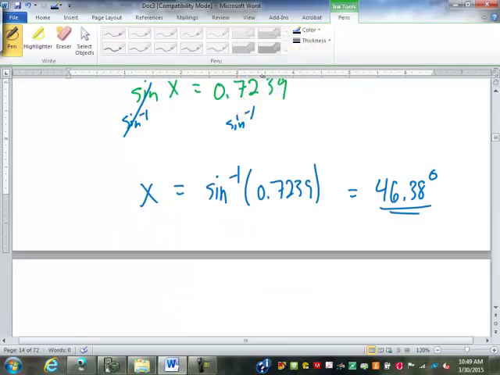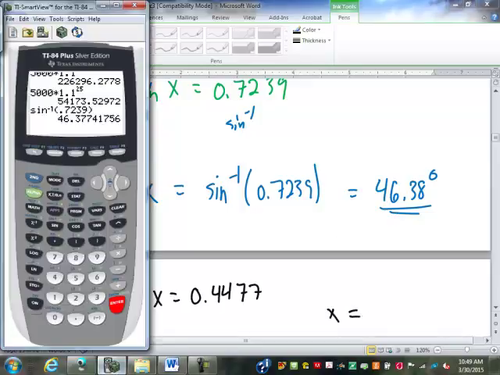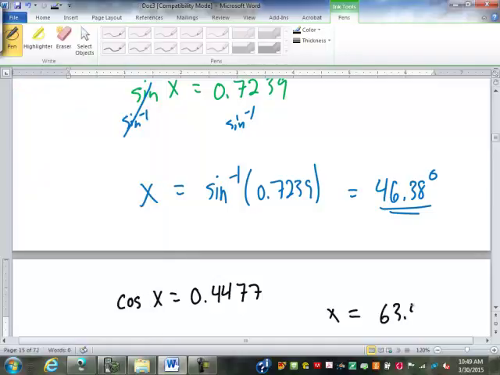So let's say I wanted you to find cosine of x equals 0.4477. What's x going to equal? Perfect. That's inverse cosine of 0.4477, 63.40. Make sense?